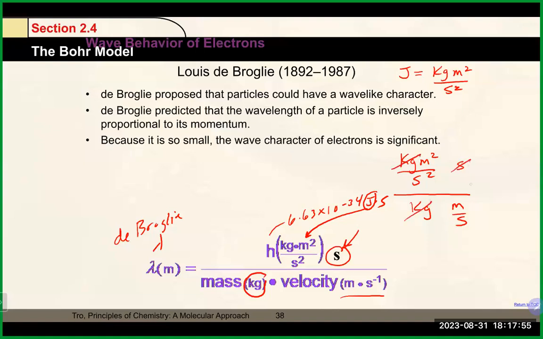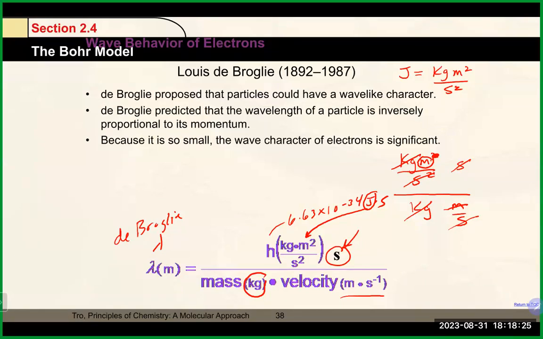One second here and one second here cancel out. One meter cancels out one meter there. The only thing left is a meter, which is the unit of wavelength we end up with. So the two things to watch out for in these problems are that you need to get the mass into kilograms, and the velocity needs to be in meters per second, for everything to cancel out correctly.